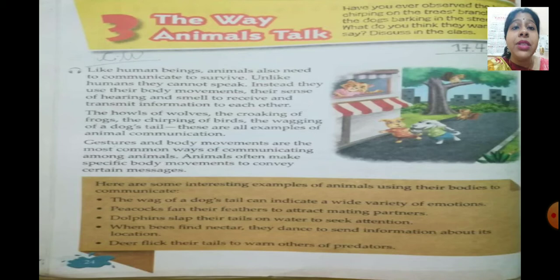Now see, gestures and body movements are the most common ways of communicating among animals. Gesture refers to the different types of movements that are made by the body in order to express something. Animals often make specific body movements to convey certain messages.